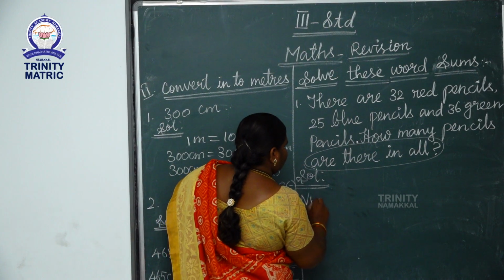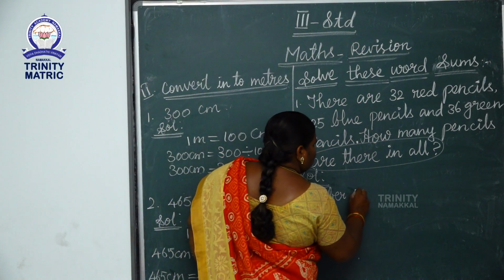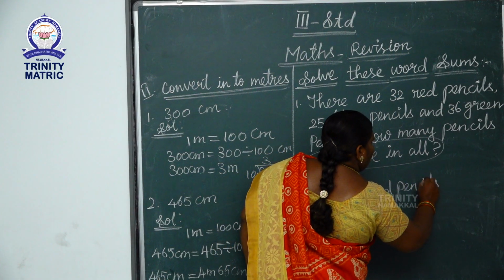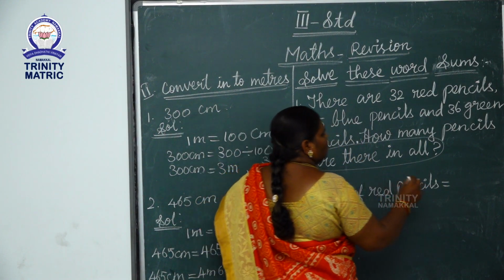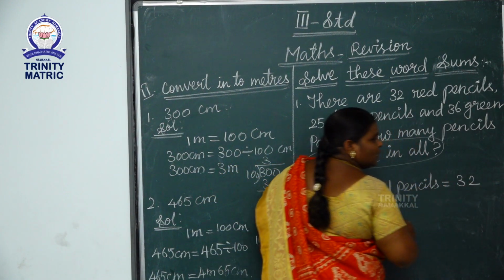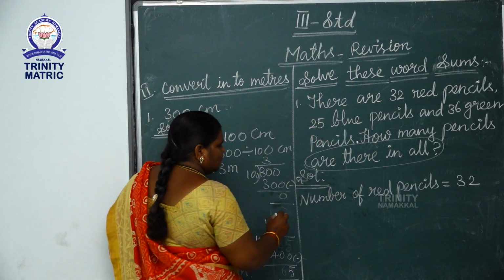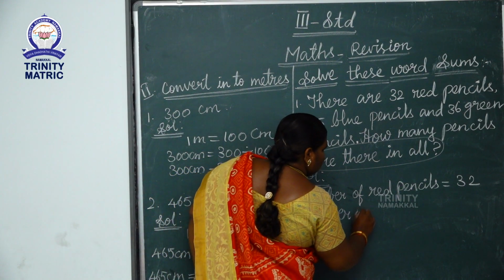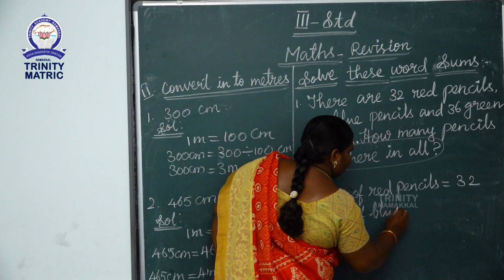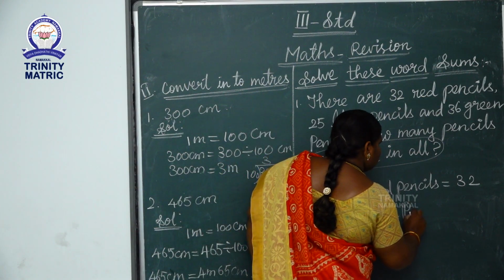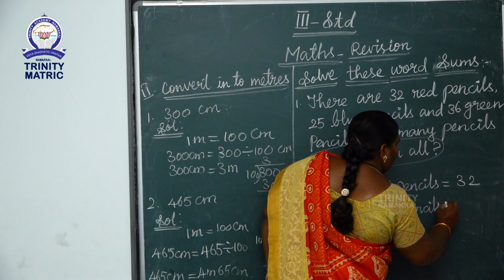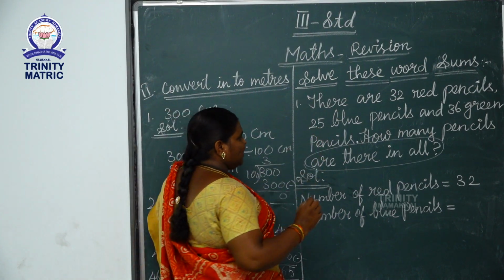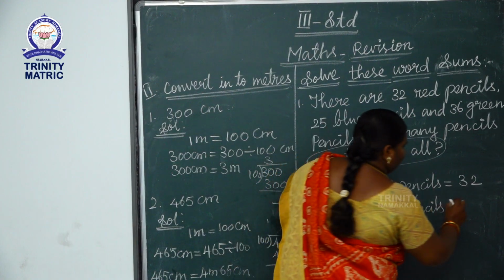First, number of red pencils. How much? 32. Number of red pencils 32. Next, number of blue pencils. 25.